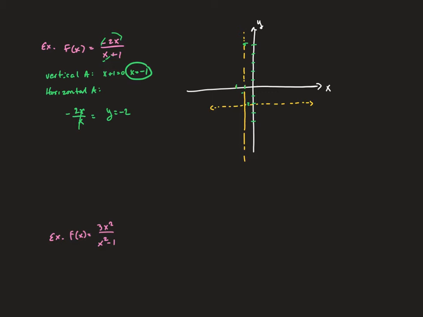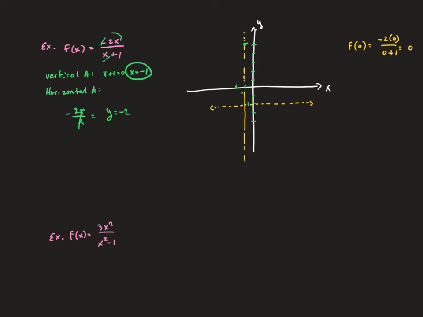Now, if I just plug in some values, since I know that it will never touch, f of 0 is going to be -2 times 0 over 0 plus 1, which is going to be 0. So I know that my function is going to be up in this area.